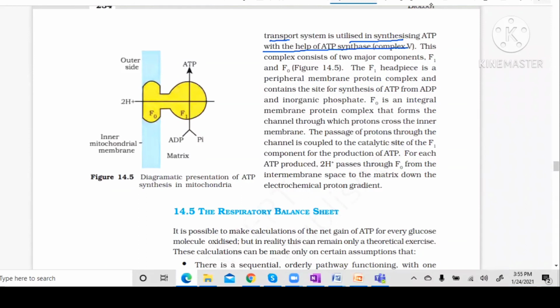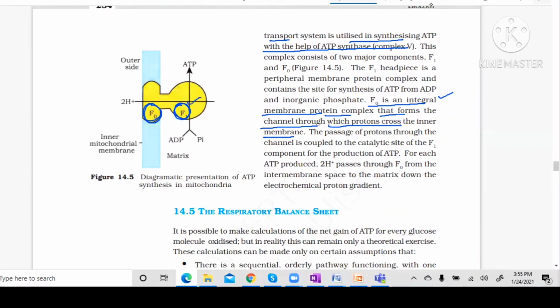See this diagram: this is F0 and this is F1. F0 is an integral membrane protein, totally embedded inside, which forms a channel through which protons can cross the inner membrane.